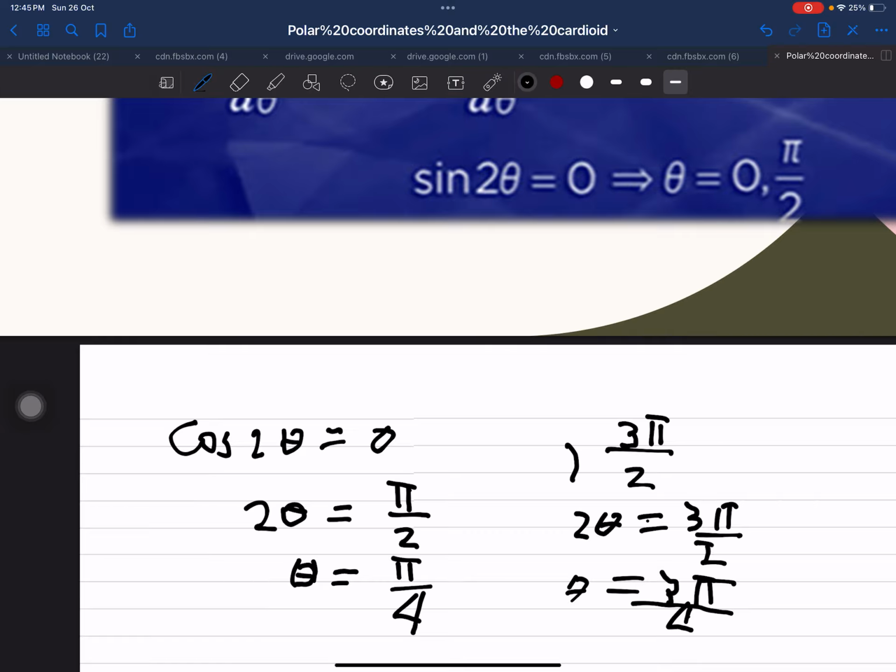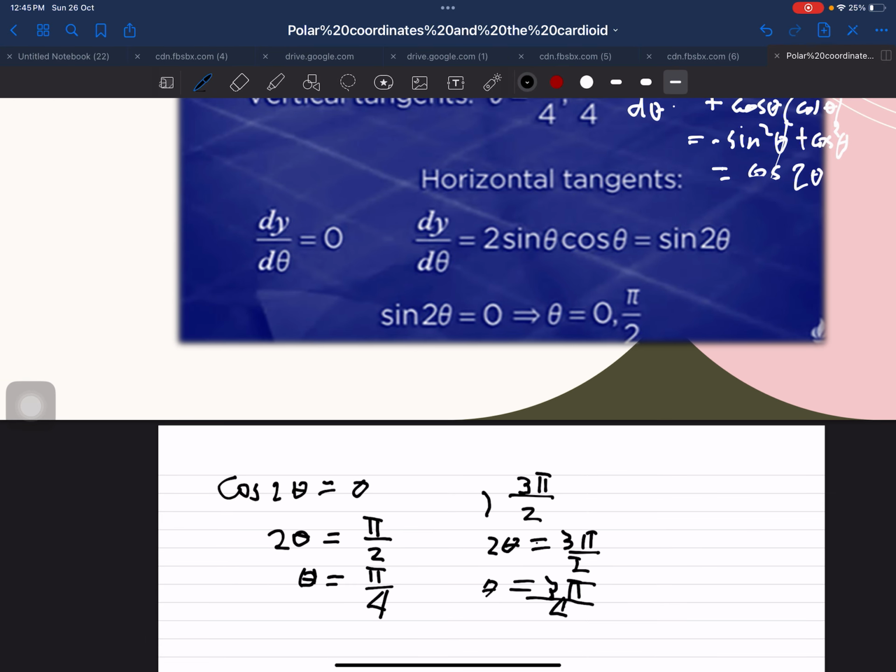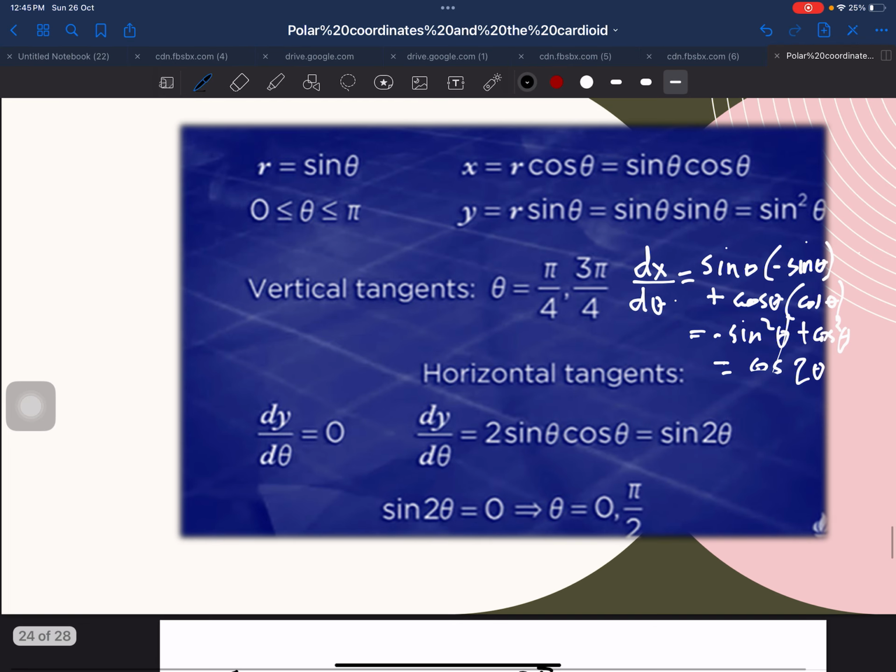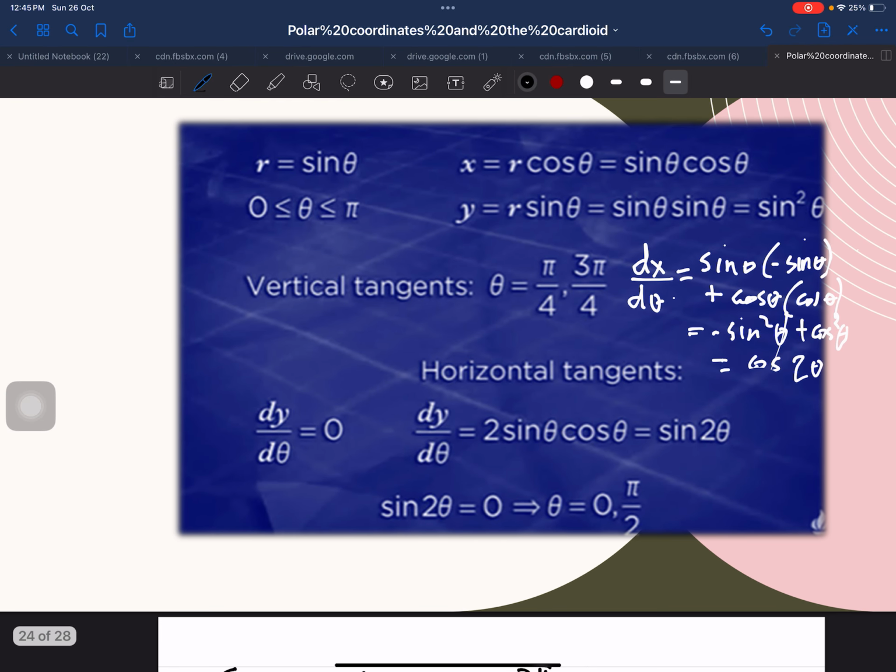So when theta is pi over 4 or 3 pi over 4, we discover that there is a vertical tangent, sorry, not horizontal, vertical tangents, at theta equal to pi over 4 and 3 pi over 4.